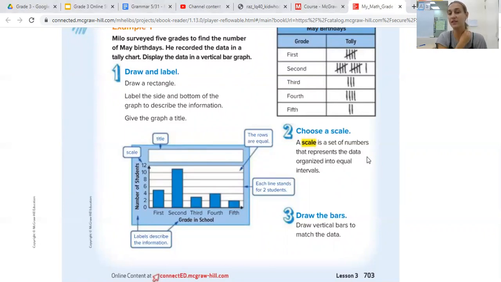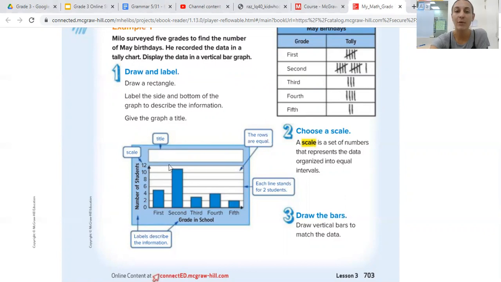The scale is just how much each line represents. It could be 3, it could be 5, it could be 10. Your scale will really depend on how big of answers you have. If you have bigger answers, you'll want to spread out the distance between these more. So maybe if you had really big numbers, maybe you would count by 10s instead of 2s.